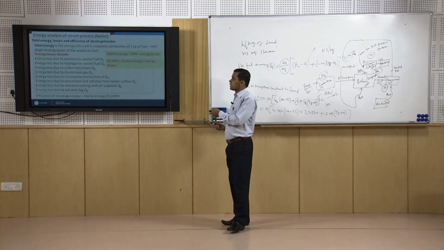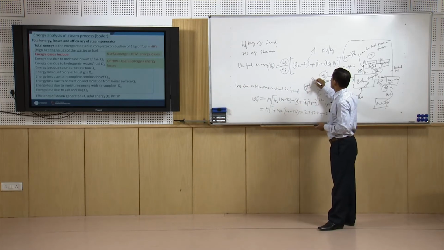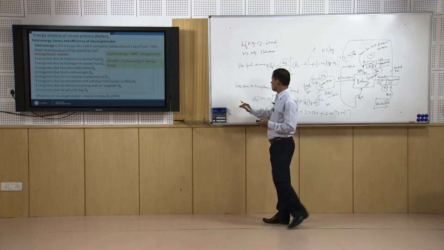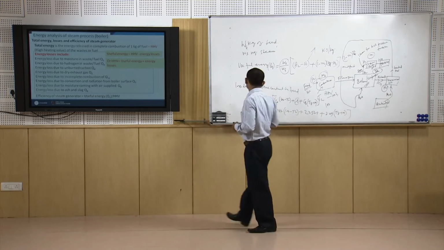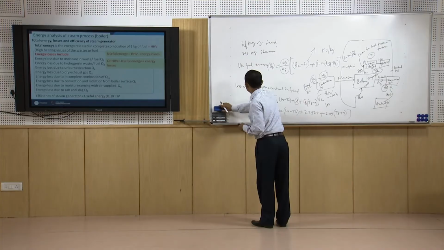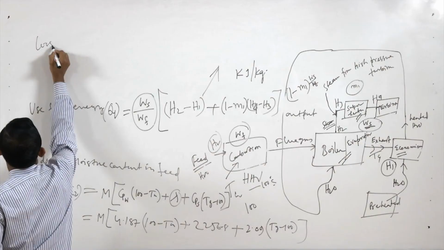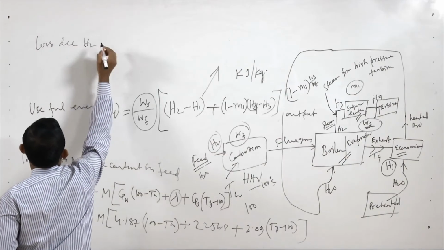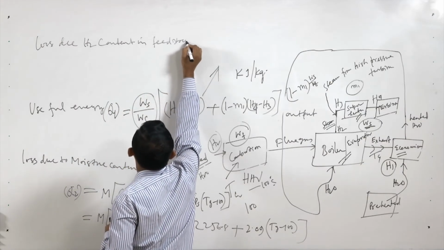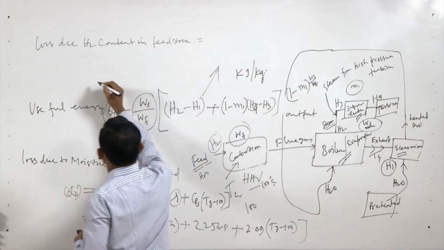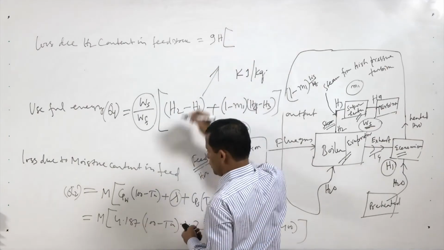Some other losses: if hydrogen is present in the feedstock, then hydrogen will also be converted to water, and that water will further use some heat that will not be used in the process. So, the loss due to hydrogen content in feedstocks is equal to 9 into H into this Q2.